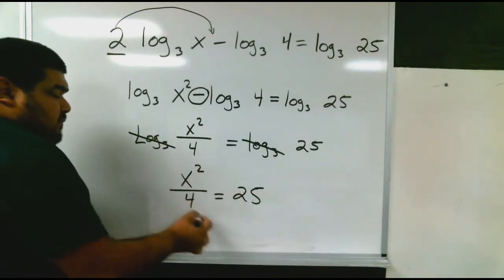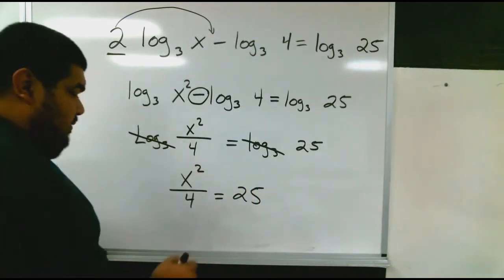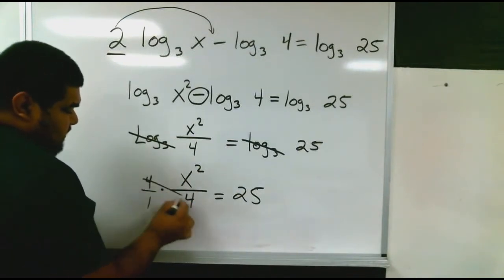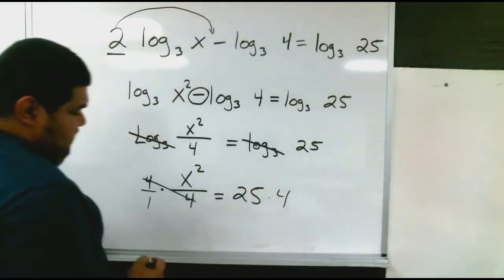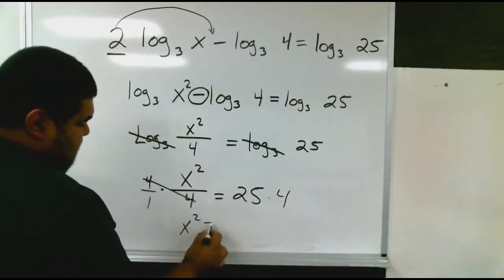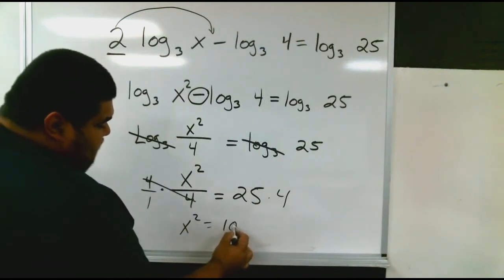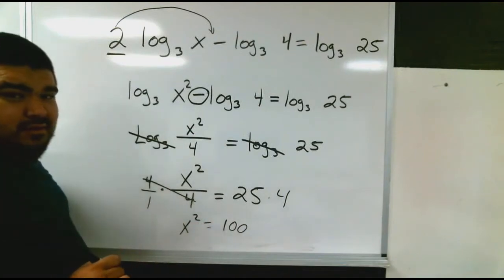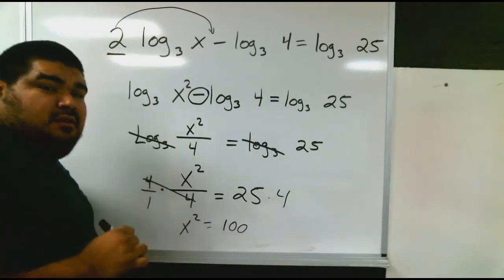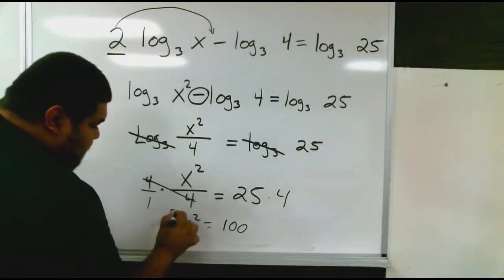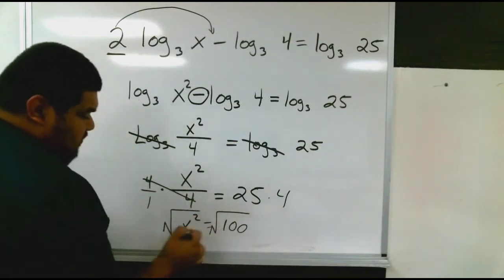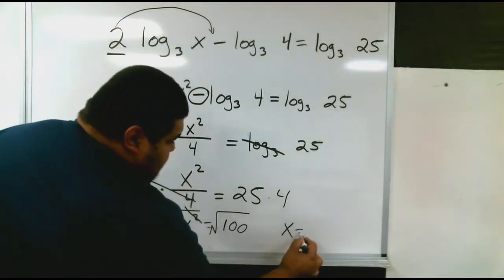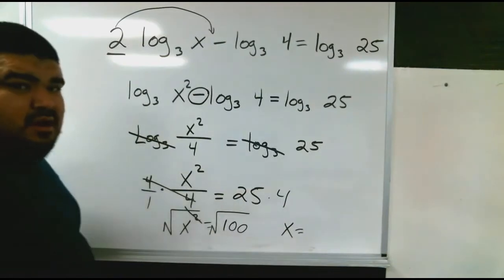Now we can actually solve this problem. It looks like an actual problem. The opposite of division is multiplication. These cancel out, times 4 over here. We're left with x squared equals 25 times 4, which is 100. And then finally, in order to get rid of that square, the opposite of a square is a square root. So the square root cancels out the square, and we'll have x equals the square root of 100, which is a perfect square.